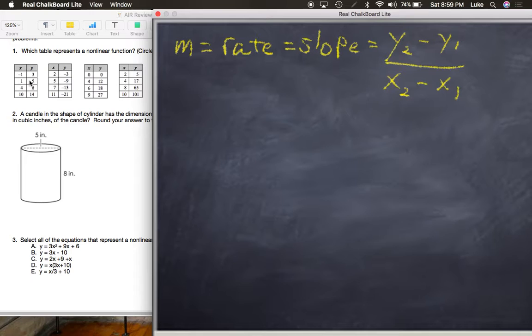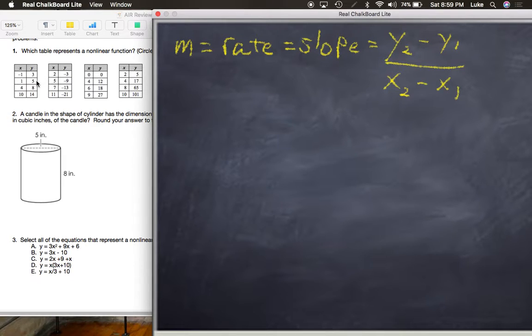So in our first table here, we have the y coordinates of 3, 5, 8, and 14. Now, we can go through each one to make sure that they are constant or not, but really if we just go through a couple of them, we will see pretty quickly if it does remain constant. So I'm going to use y coordinates of 3 and 5.